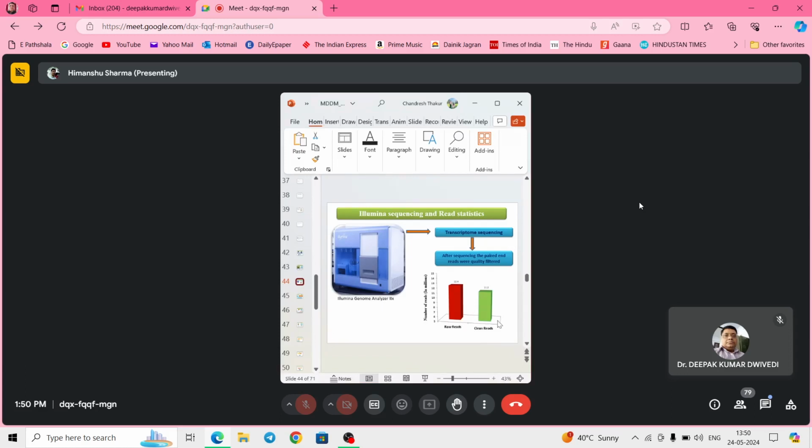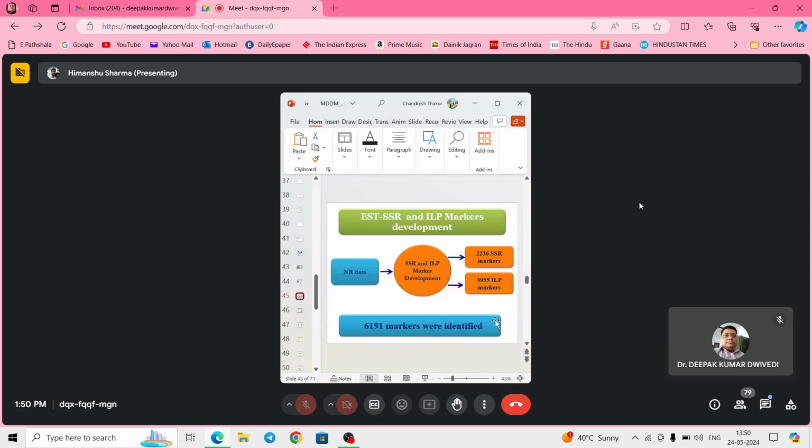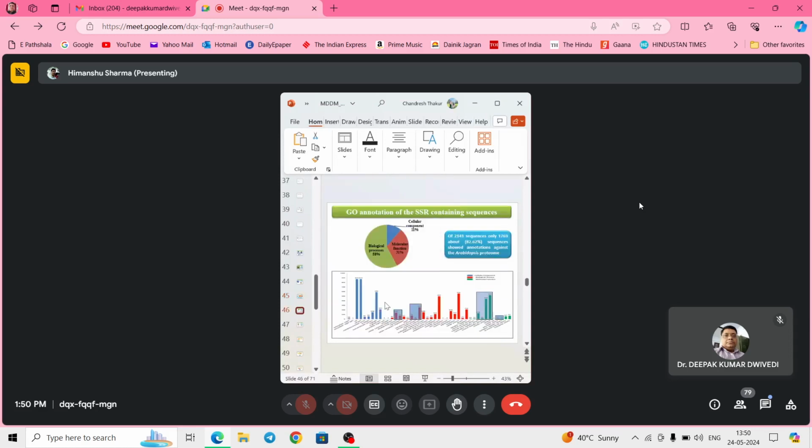So you can see 11.2 million clean reads which we get from this sequencing. This is the magic of sequencing evolution. We have used this sequencing for the mining of SSR markers, and more than 6,000 markers were identified, and then we did the functional annotation of these markers.